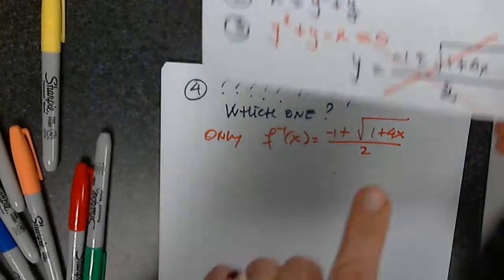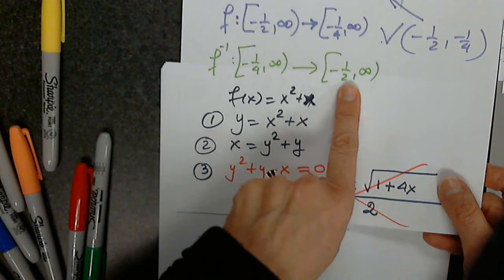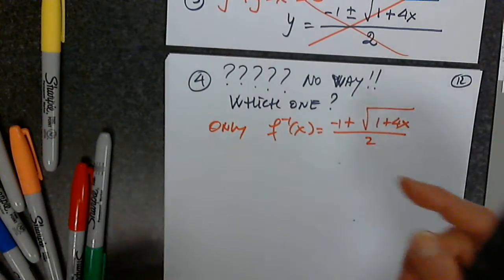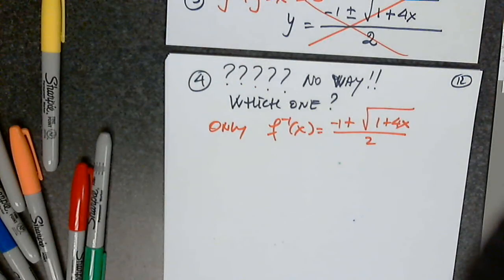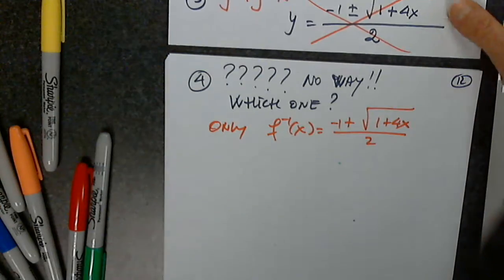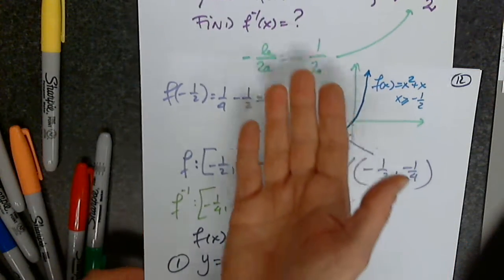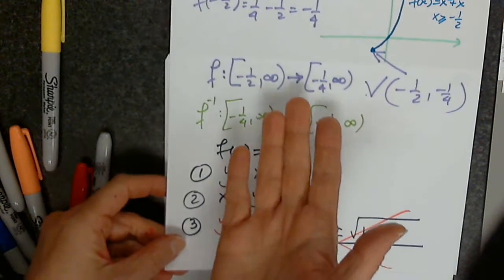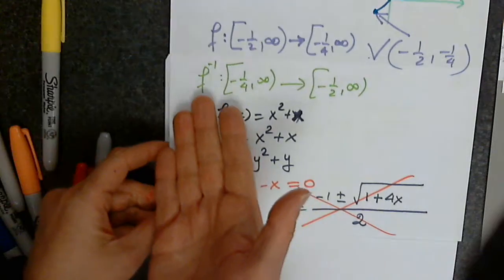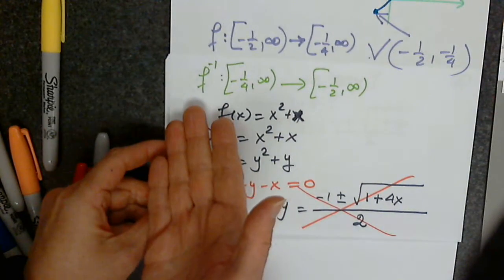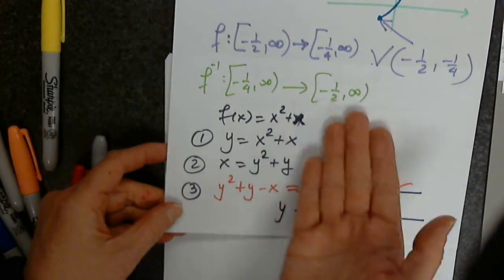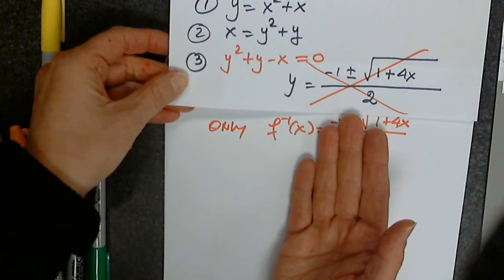It's the only one that will have an answer here. The other one will start with negative 1 minus, and it will go larger and larger in the negative way. It will not be a number greater than negative 1/2. But as you noticed, this would not have been possible before analyzing the graph of the given function, identifying its range in order to determine the domain and range for the inverse. Based on this, I make my selection.